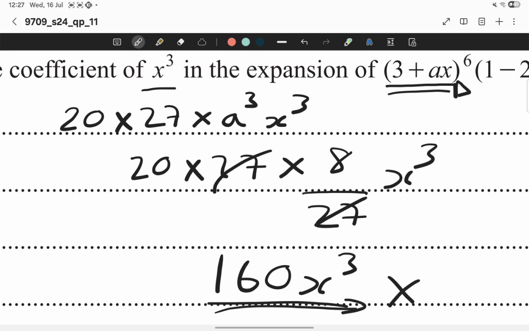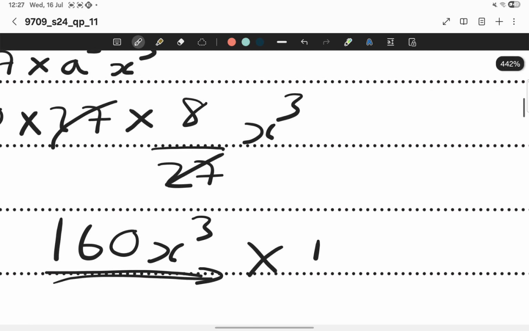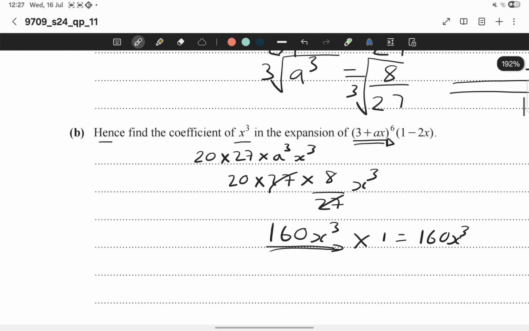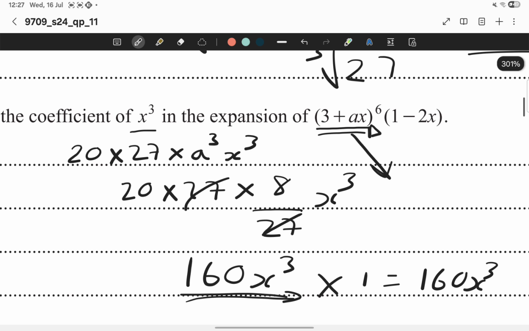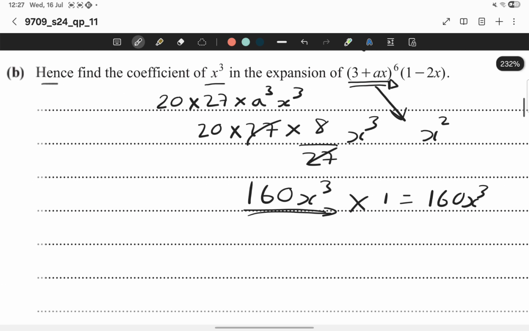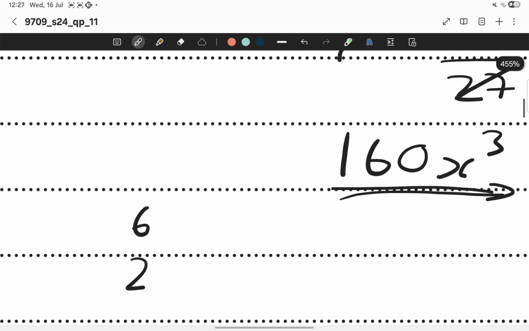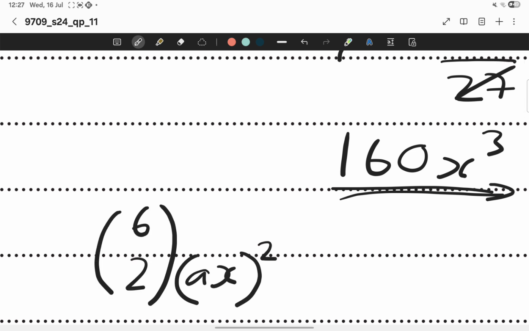And we know if we multiply this by 1, we get a term in x to the power 3, which is 160 x to the power 3. And for the second part, we want a term from this part, which is x squared. And for us to get that, we are going to say 6 choose 2, our ax to the power 2, then our 3 to the power 6 minus 2, which is 4.